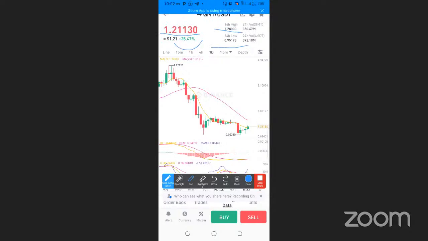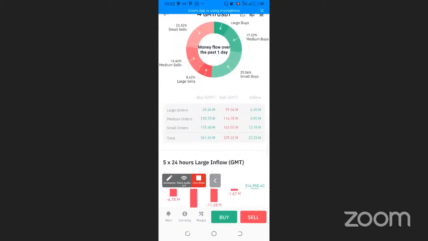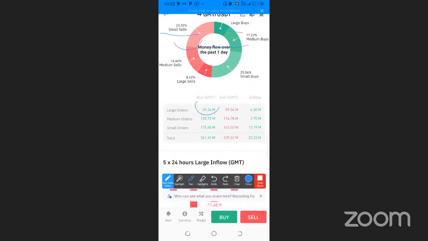And if you watch the traders data, we are having 65.59. We are on plus 6.20 million. The middle order, 120. We are having 160, plus 3.